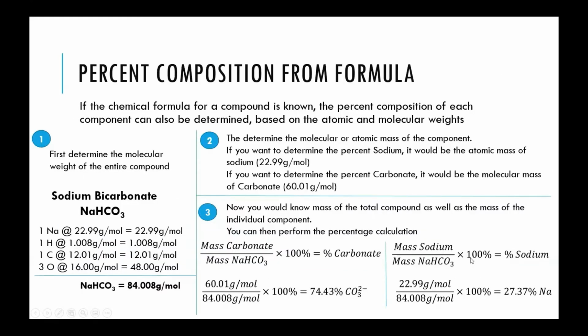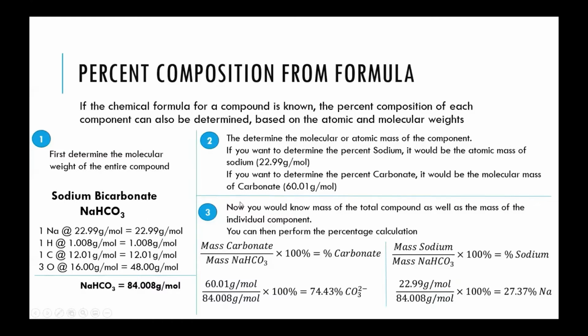Using the molecular weight is how you can determine the percent composition directly from the formula. The example here is sodium bicarbonate. Again, you first figure out the molecular weight of the entire compound, seeing the atomic weight of each of the individual atoms and multiplying that by how many atoms there actually are in the compound.